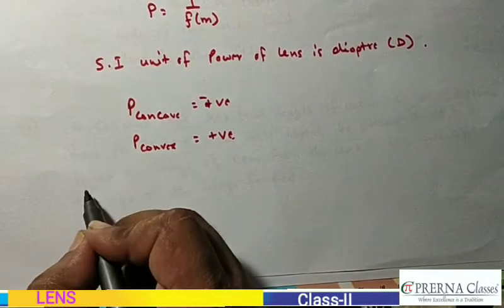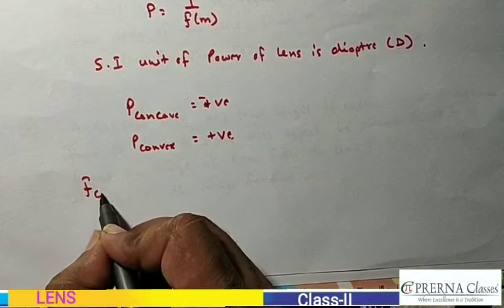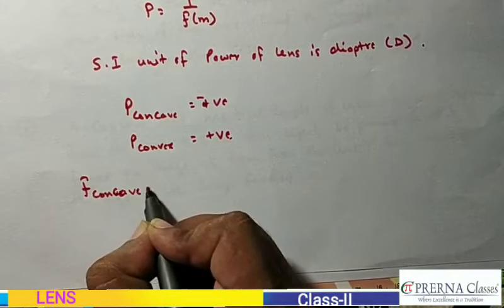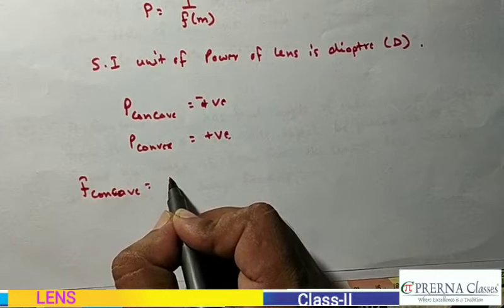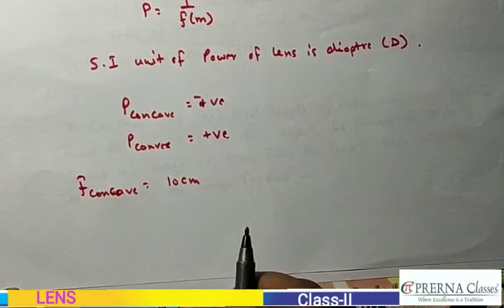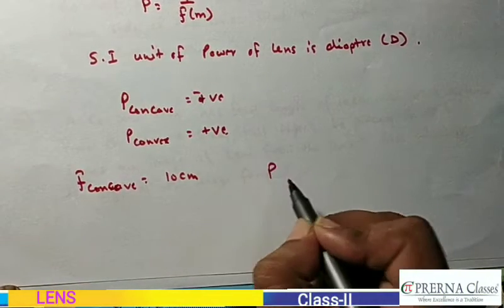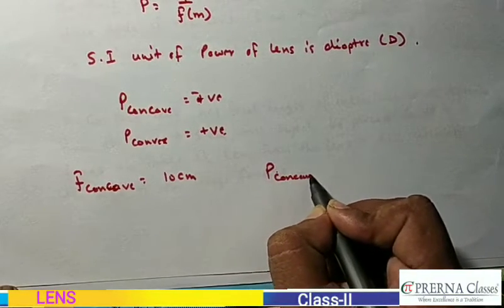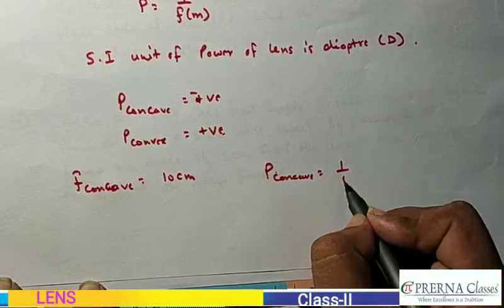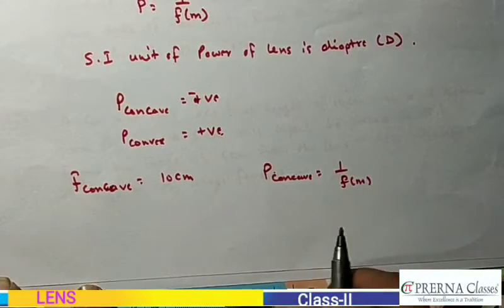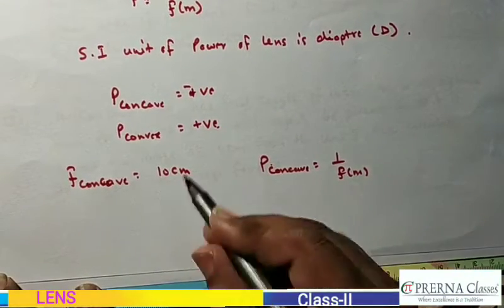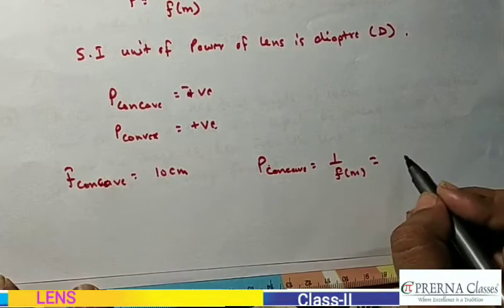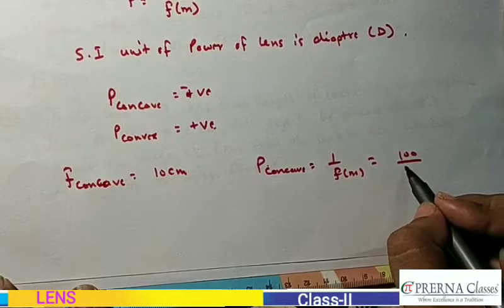Suppose I have a concave lens of focal length 10 centimeter. So power of concave lens will be 1 by f in meter. Here focal length is given in centimeter, so I have to convert it into meter, so it will be 100 by 10.